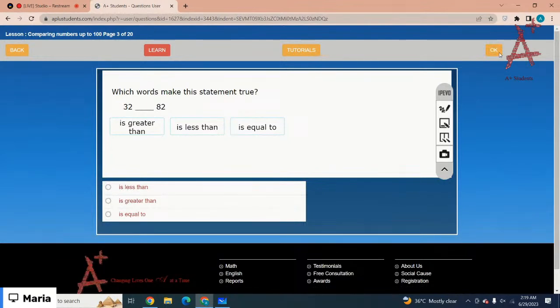Which words make the statement true? 32 and 82, which is the correct option? Yes, very good. 32 is less than 82.